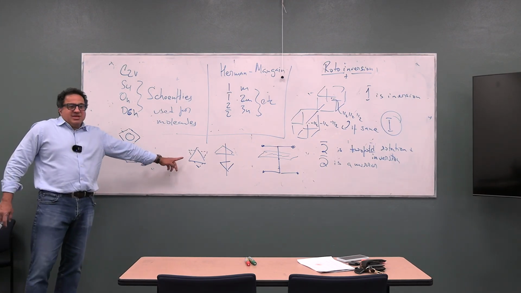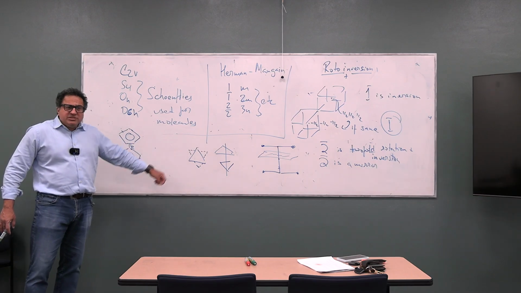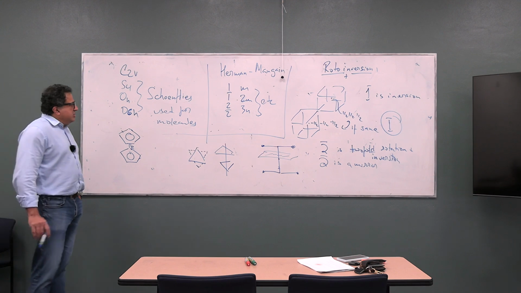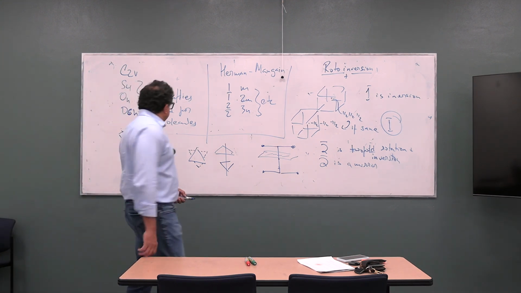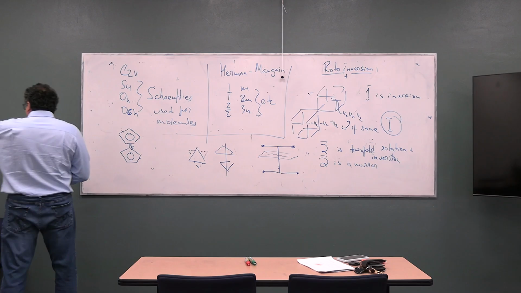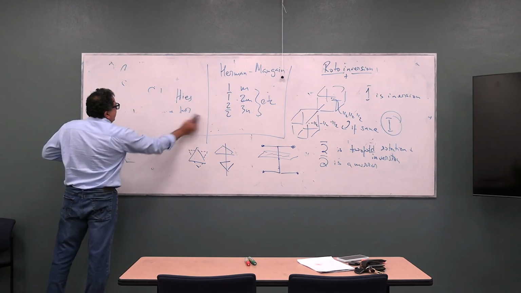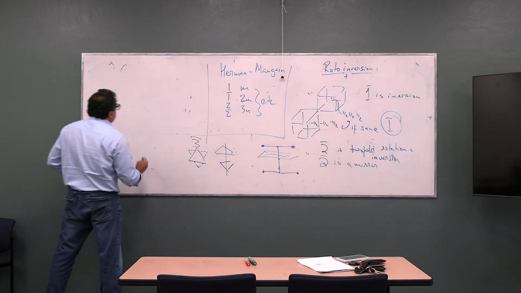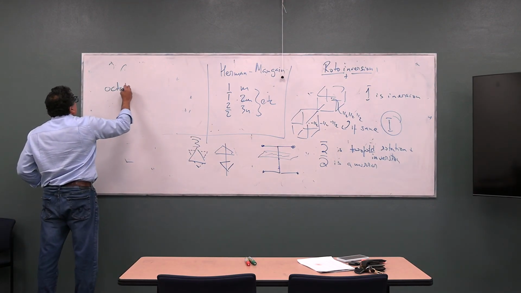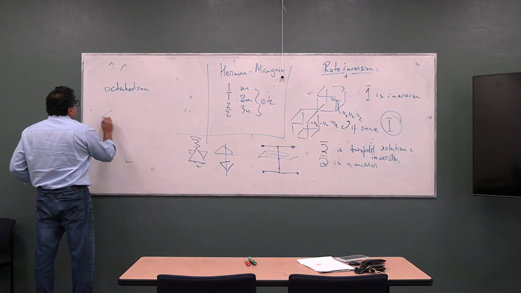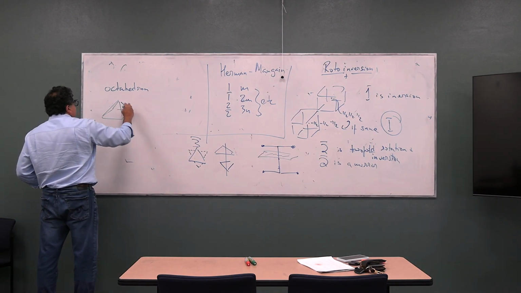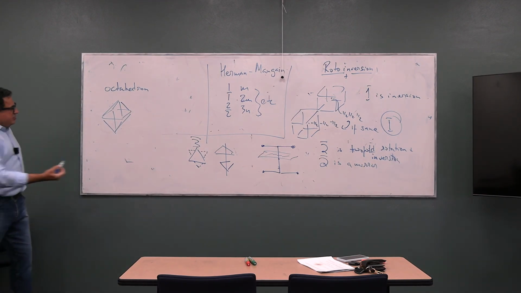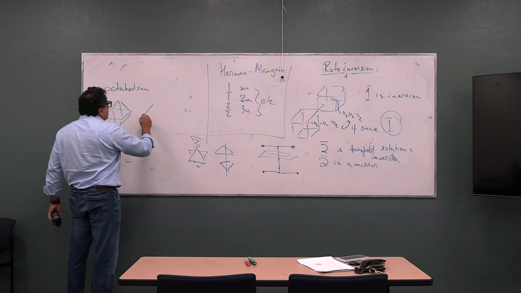But where do you find this symmetry? It's quite a common symmetry. Do you know where you find it? In an octahedron. Do you know how to draw an octahedron? You could draw an octahedron in two ways, right? This is 3 bar. You could draw an octahedron like this. Do you agree that that's an octahedron? But if you look down a triangular face, an octahedron looks like this.